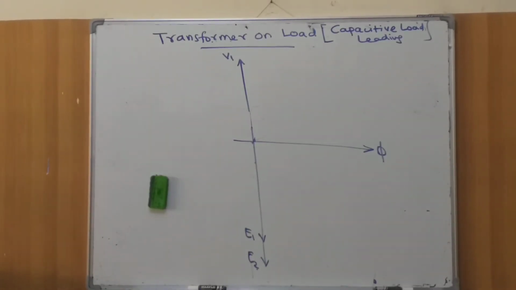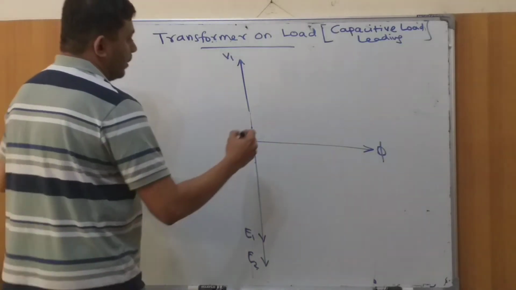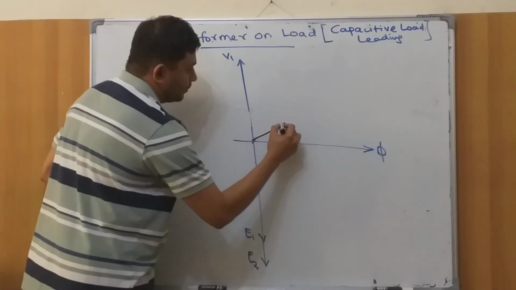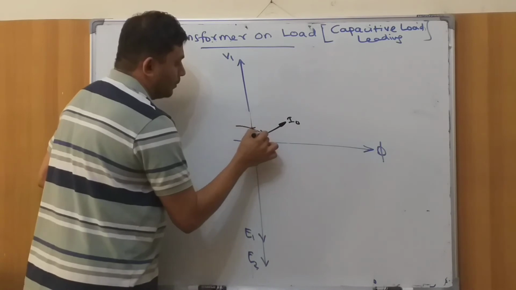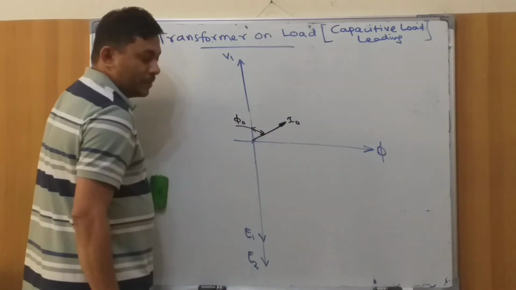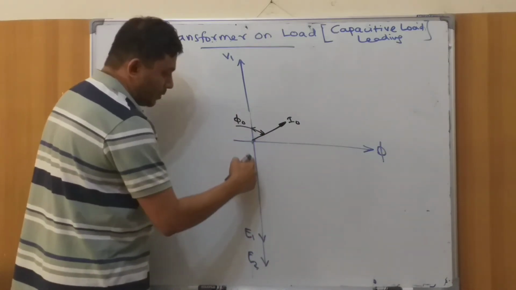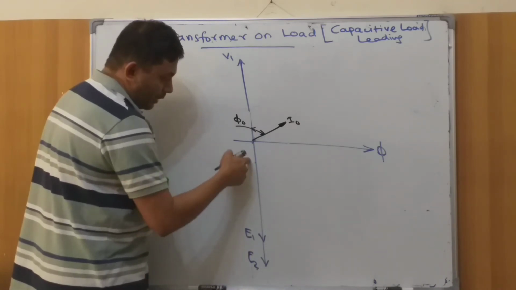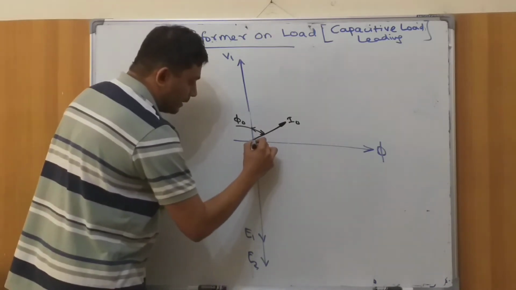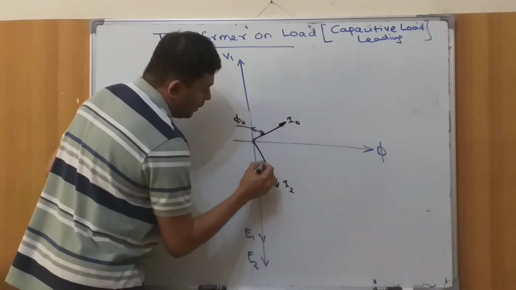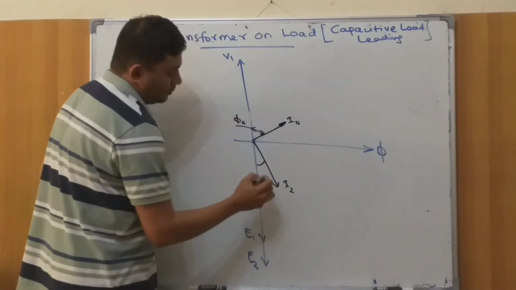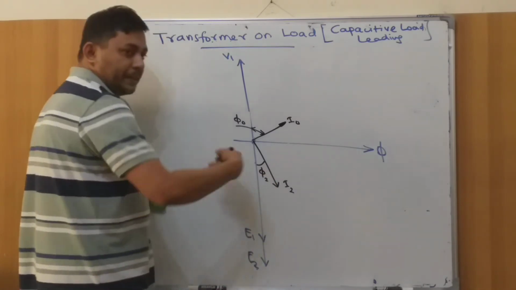So in the case of leading, we'll go for the same. First thing is we are trying to draw I0 with an angle of phi 0. Then the leading, right? UPF was exactly on the line. Lagging was here. Now I'm going to go for leading, supposed to be here. So let us say this is phi 2, a leading angle.